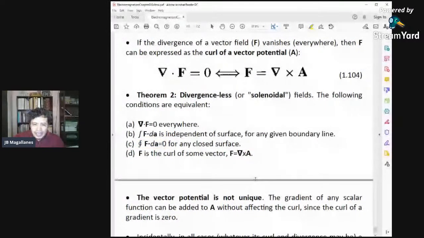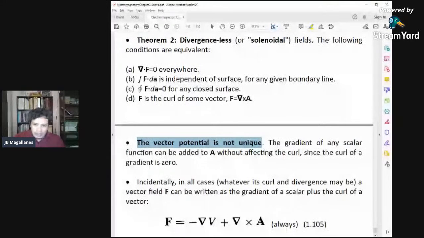Again, the vector potential is not unique, because you can add the gradient of any scalar function to A without affecting the curl. You can add to A the gradient of phi, for example. If you take the curl of A plus the curl of that gradient of phi, it will just give you 0. The curl of the gradient is always 0.